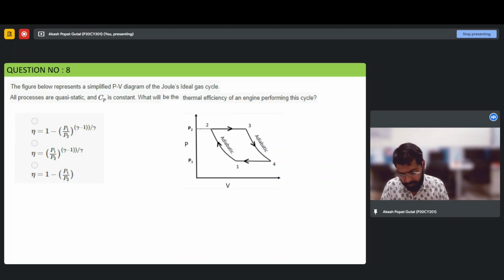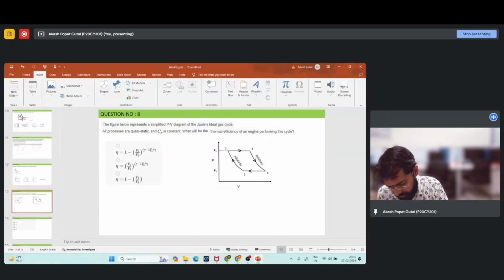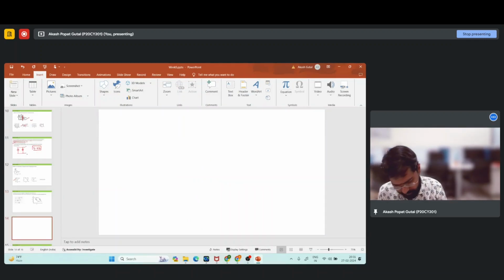So we will solve this problem. I will add one slide. Let me add one slide.